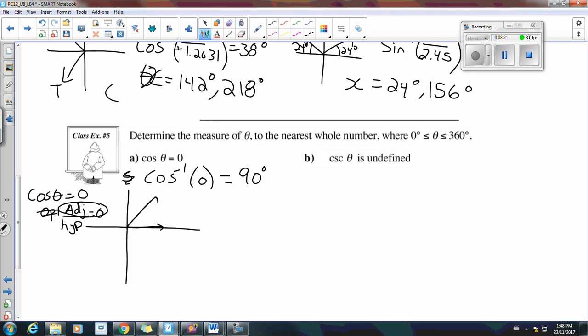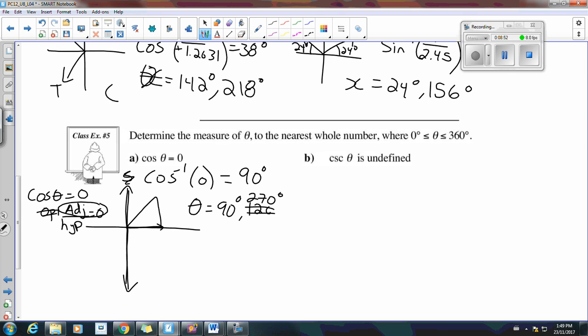So we know if I have a triangle, the adjacent side is always the one on the x-axis. Well, where are we going to have no adjacent side? If we're on the y-axis, we have an x value of 0, so that means our adjacent side must be equal to 0. So our answer here would be 90 degrees and, sorry, 270.